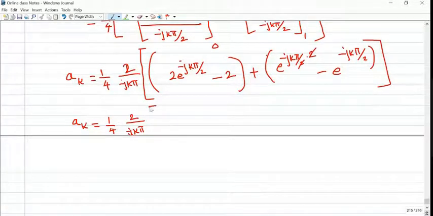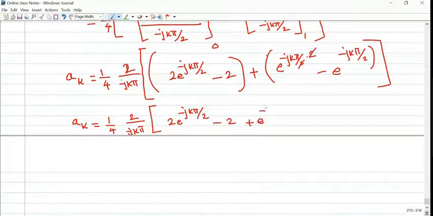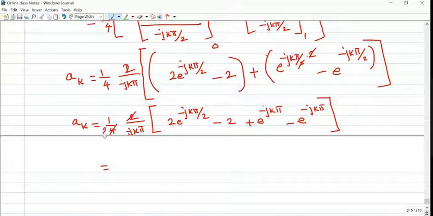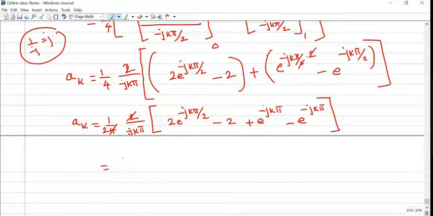Now further try to simplify this: 2 e power minus jk pi by 2 minus 2 plus e power minus jk pi minus e power minus jk pi by 2. So 1 times 2 times 2, 1 divided by minus j. Do you remember 1 by minus j equals j in a complex number? So j divided by 2k pi.